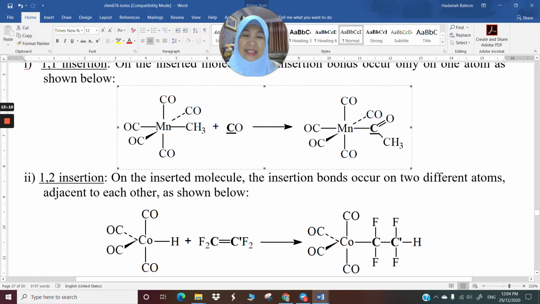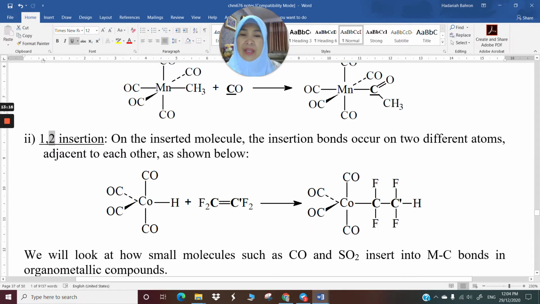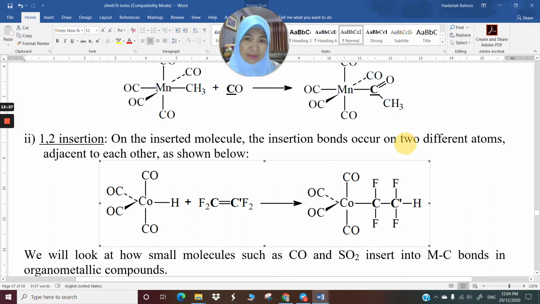Now, to understand that more clearly, you can have a look at the 1,2 insertion. So if you have, for example, this small molecule CF2, this is a kind of olefin. When the inserted molecule's insertion bonds occur on two different atoms of that small molecule adjacent to one another, then you call that insertion a 1,2 insertion. So this is a situation where that becomes quite clearly illustrated.